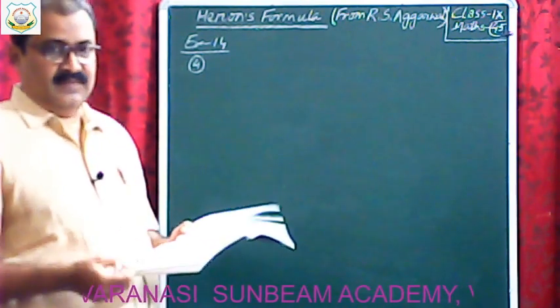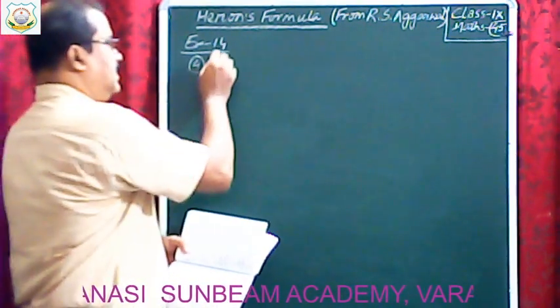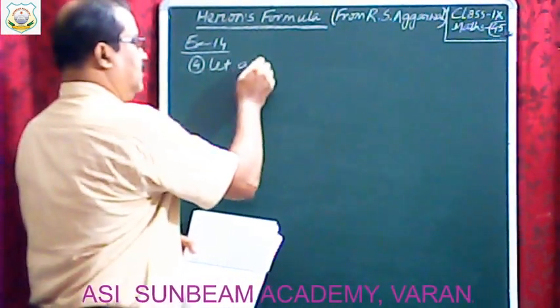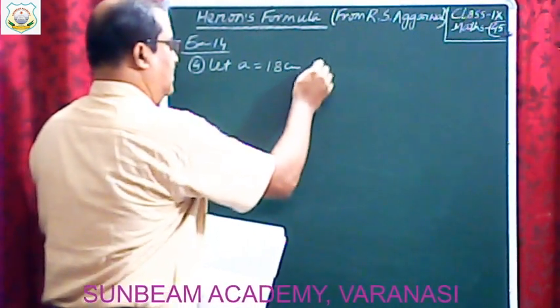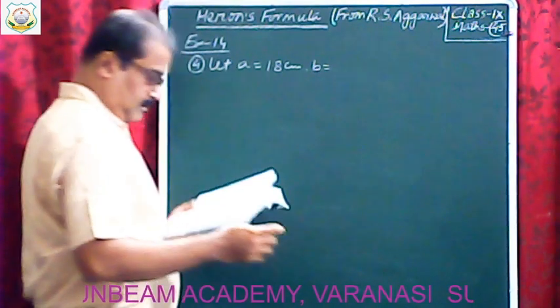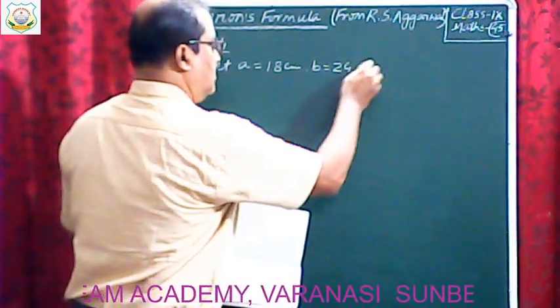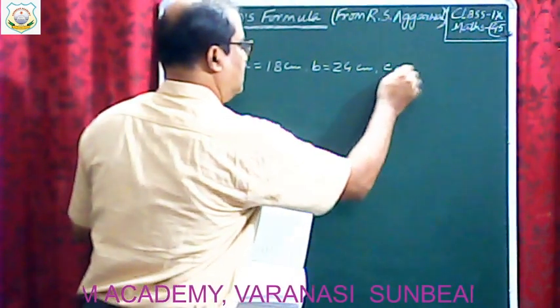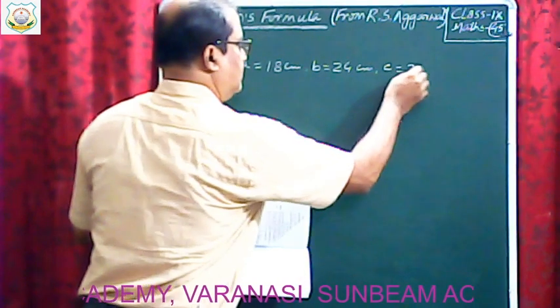All three sides are given, all three sides are different. Let the sides be a, b and c. So let a be 18 cm, b 24 cm, c 30 cm. Okay.